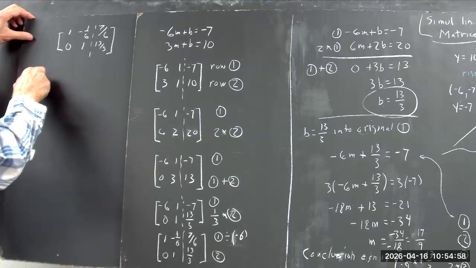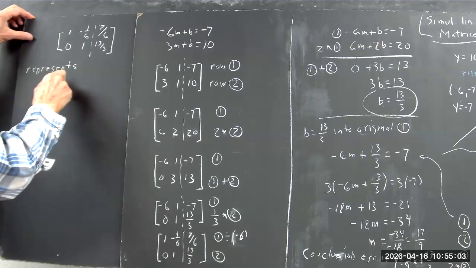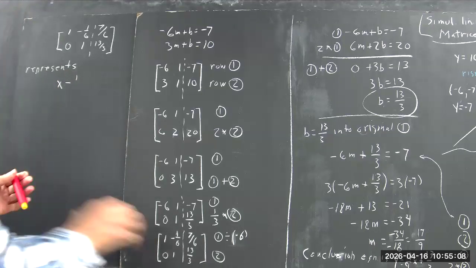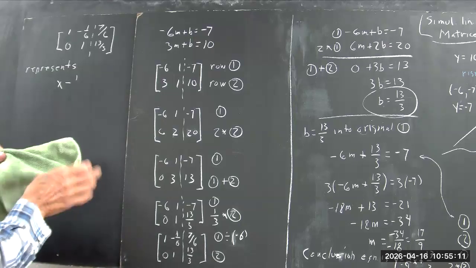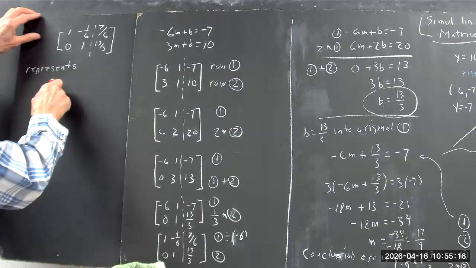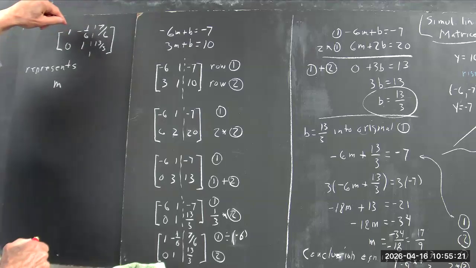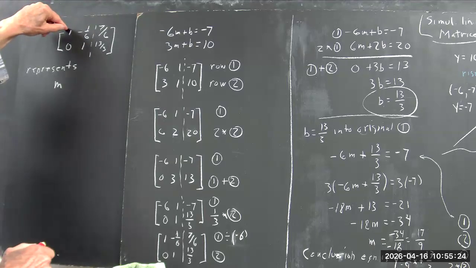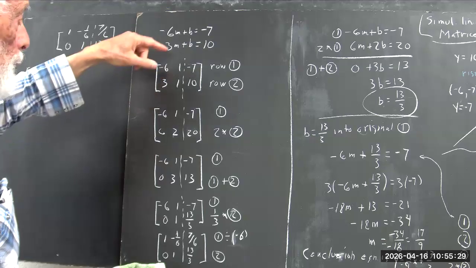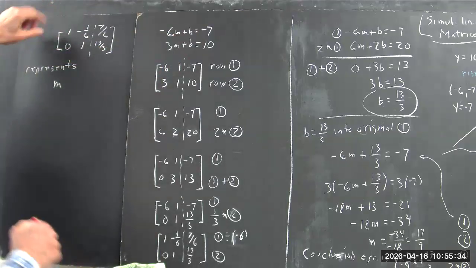the equations, m, okay. The 1 in the first row represents the coefficient of m, just like the negative 6 in my original matrix represented the coefficient of m in negative 6m plus b equals negative 7.